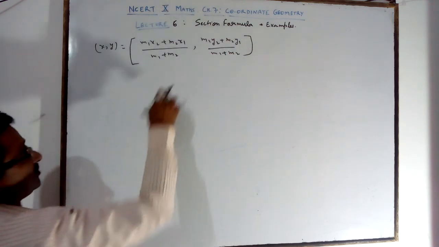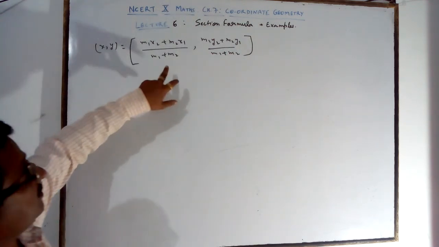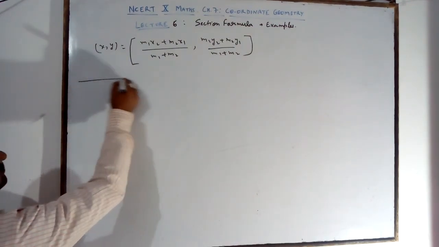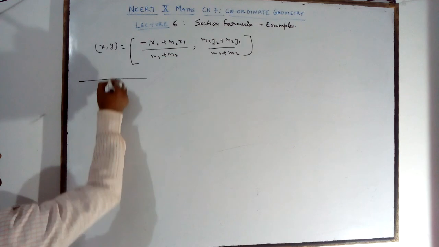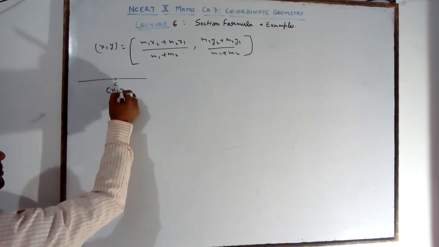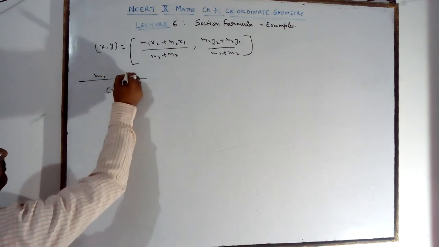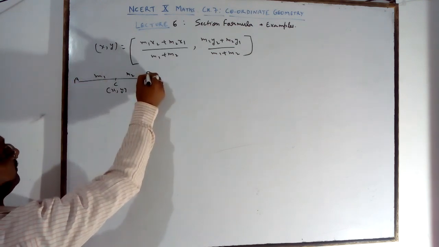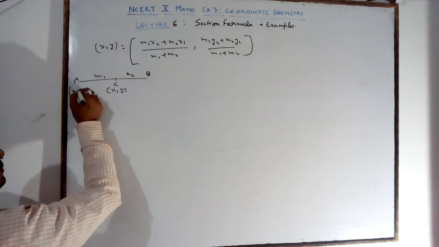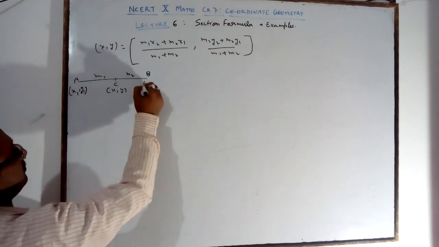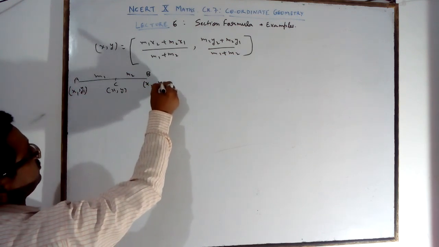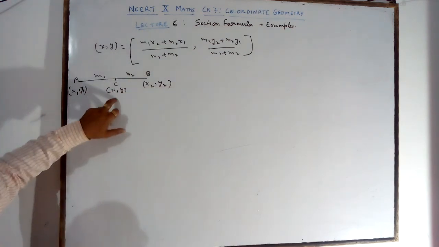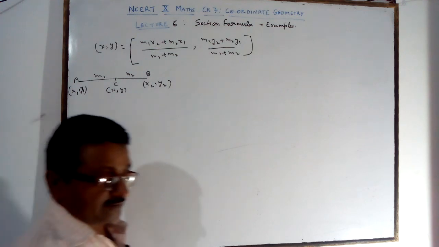It is called the section formula. It gives the coordinates of a point which divides a line segment in the ratio m1 to m2, where the end points have coordinates x1, y1 and x2, y2.